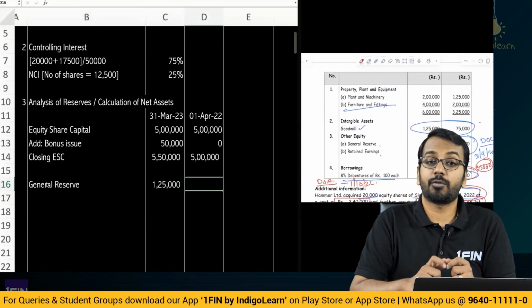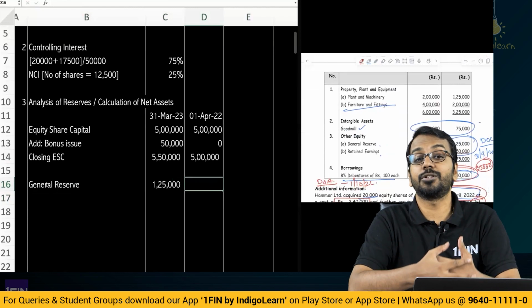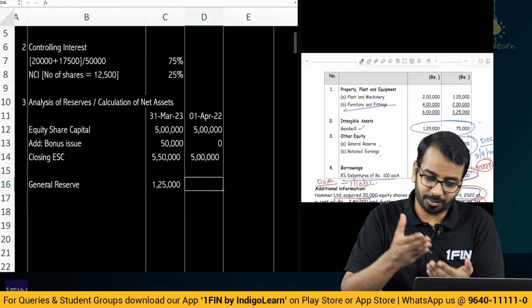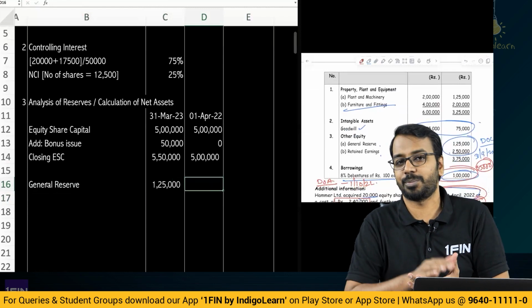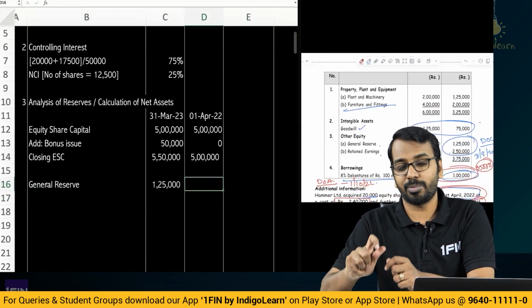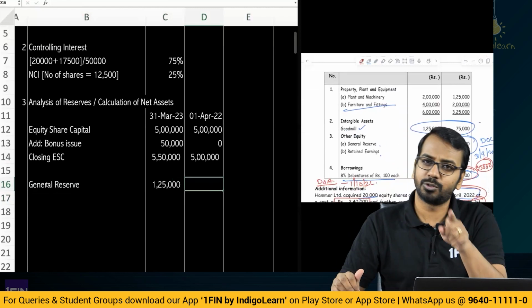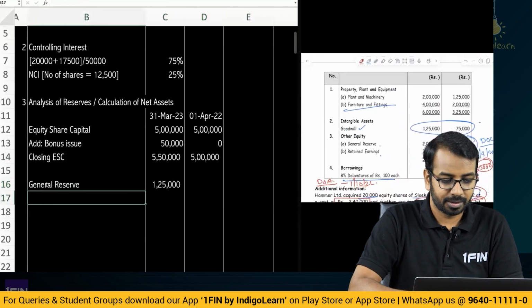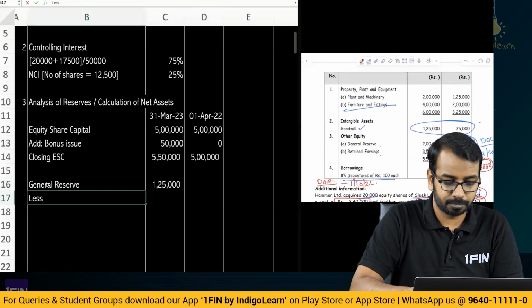Now from this 1,25,000 we have made a bonus issue. But sir, we made a bonus issue from 1st of April balance. Of course we made a bonus issue from 1st of April balance, but if 1st of April balance is going down by 50,000, should not the closing balance go down by 50,000? Yes. So less bonus issue.